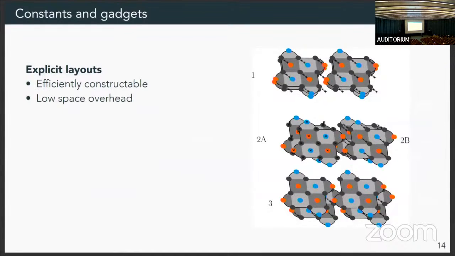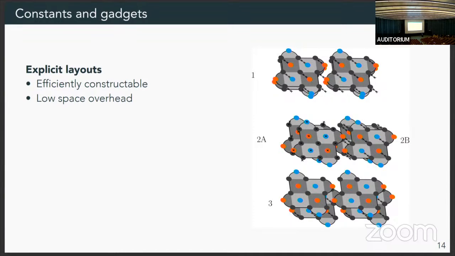So now we can look at optimizing the constants. Everything in our paper is efficiently constructible, and we particularly spent a lot of time giving explicit layouts that had good space overhead, because we were hoping that maybe this is useful in practice. Here's an example of one of our gadgets for swap.